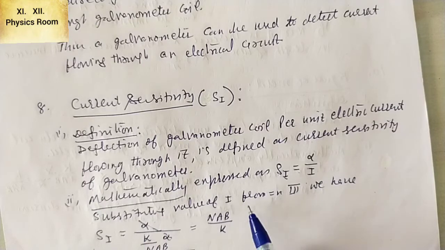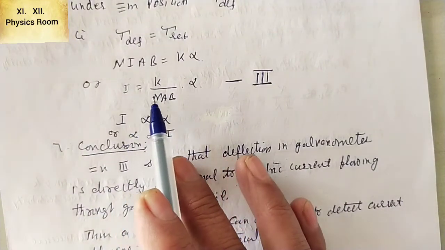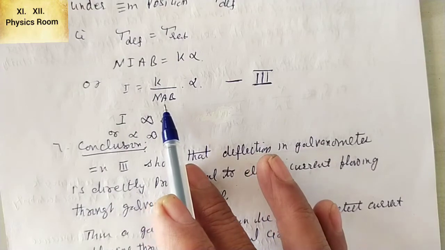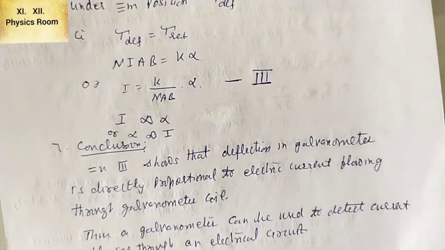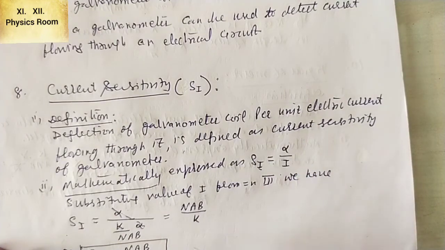Now substituting the value of I from equation 3, K by NAB alpha.